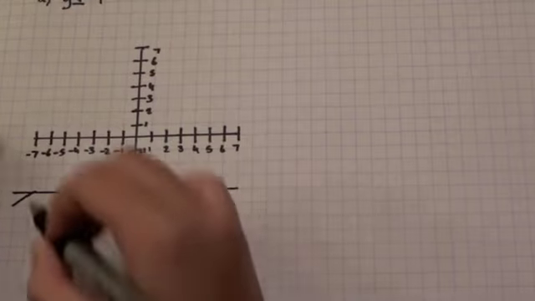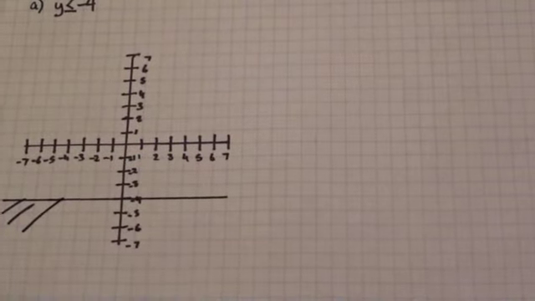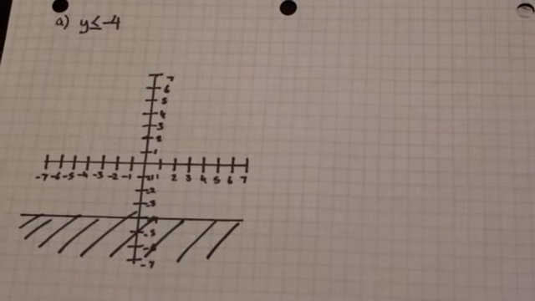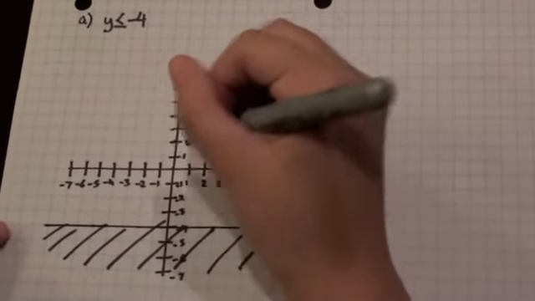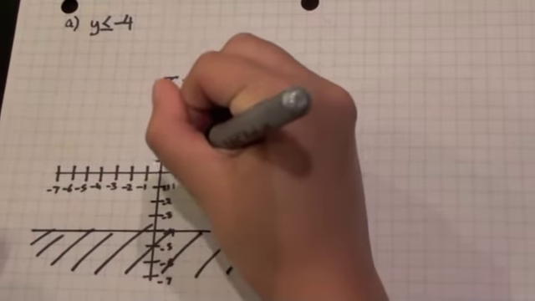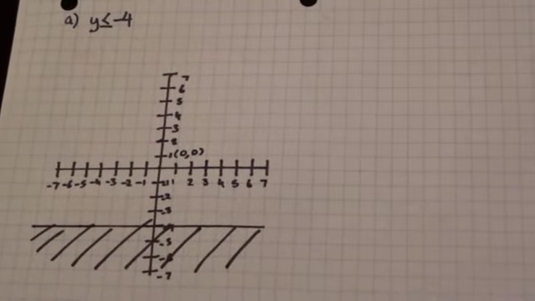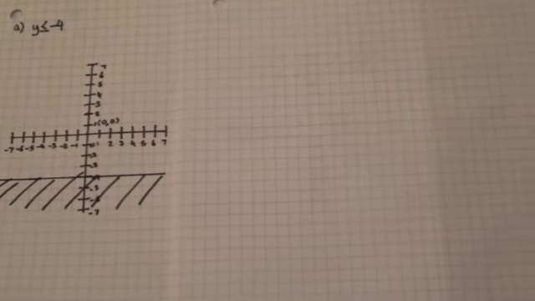And then we're going to shade the region below negative 4. After that, we're going to check if everything is correct using the origin (0, 0). So the y, which is 0, of course, is more than negative 4, so it's not in the shaded region.